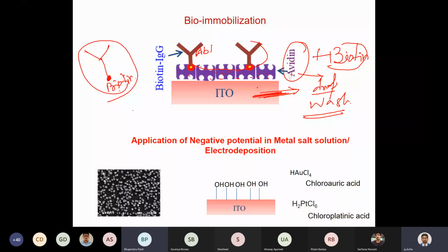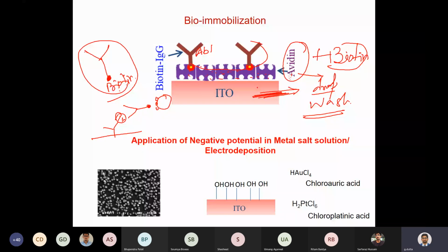If you design for the secondary antibody also, you can develop it, because with the help of avidin and biotin you can develop something like this. For example, you already have the primary antibody conjugated. The secondary antibody may be conjugated with some biotin, right? And your gold nanoparticle has some avidin on the surface, right?